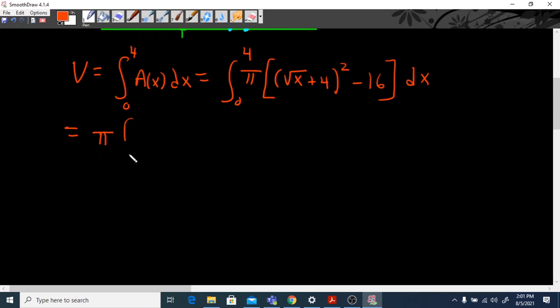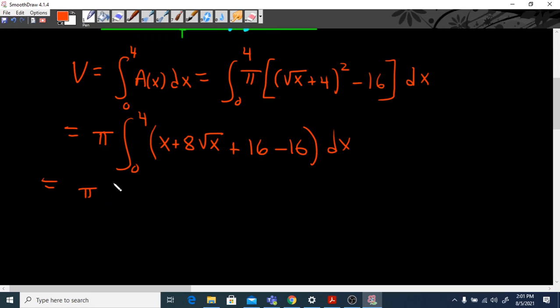I want to put the pi on the outside. Integral 0 to 4. I'm going to do some algebra. If I square the square root of x, I just get x because x is positive, plus 8 square root x, plus, if I square 4, I get 16, and conveniently, I have that 16 being subtracted right there. How nice is that? So pi integral 0 to 4, 16 minus 16 goes away, so all we have to integrate is x plus 8x to the power 1/2.